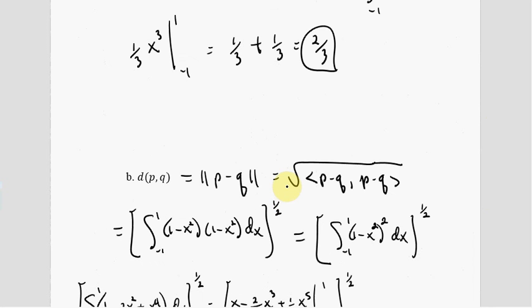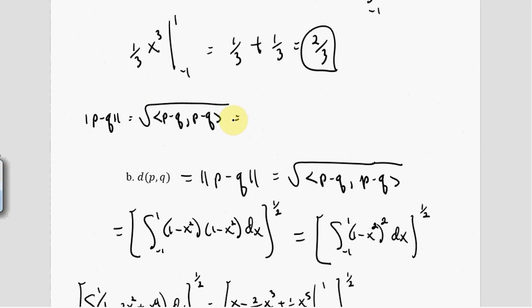Look at part B. See how this is broken down, this norm of p minus q? Well, this is the same thing as we said here, the inner product of p minus q and p minus q.